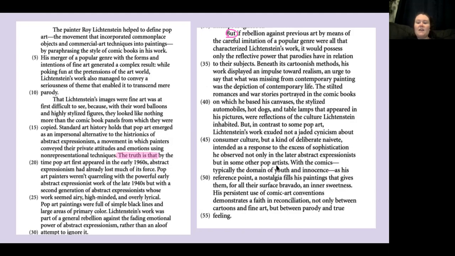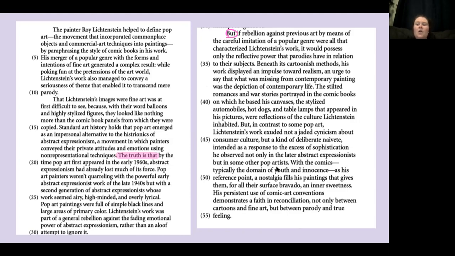So not only did it not include jaded cynicism, it actually was a kind of deliberate simplicity that was intended because everything was just too fancy in these other works.